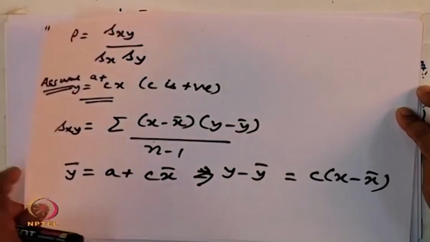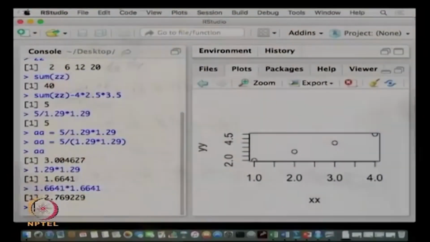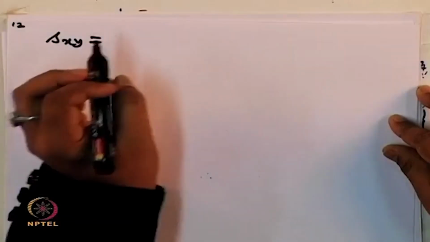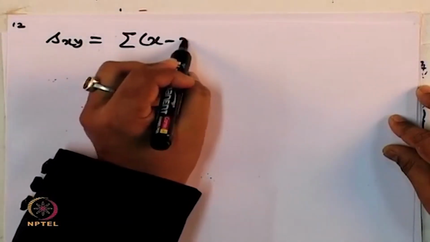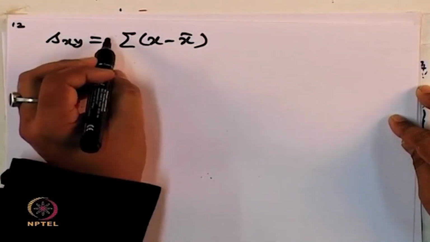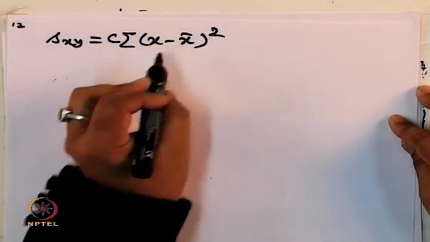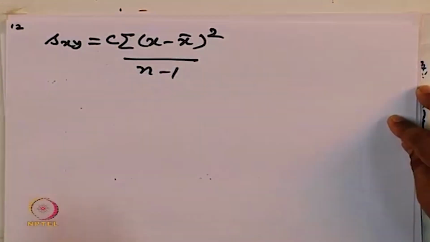Okay. So, if this is true, I can compute the value of Sxy as summation of x minus x bar whole square, taking C out, by n minus 1.